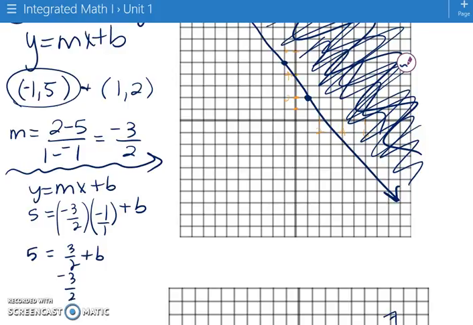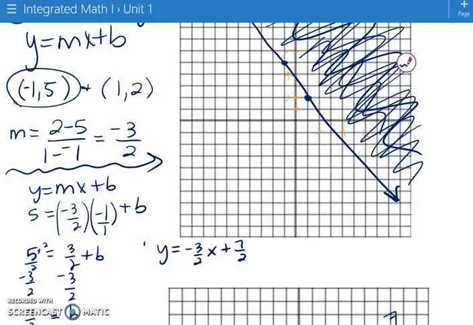I'm going to subtract 3/2 from both sides, and that leaves me with 7/2. So b equals 7/2, which is 3.5. So my equation would be y equals negative 3/2 x plus 7/2.